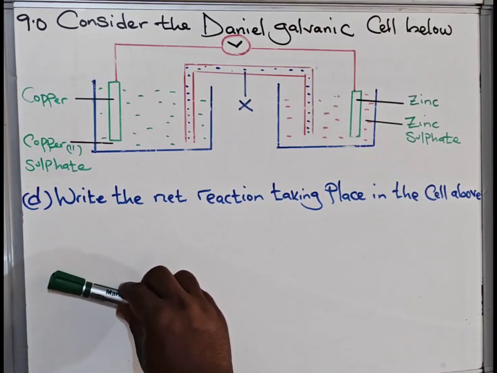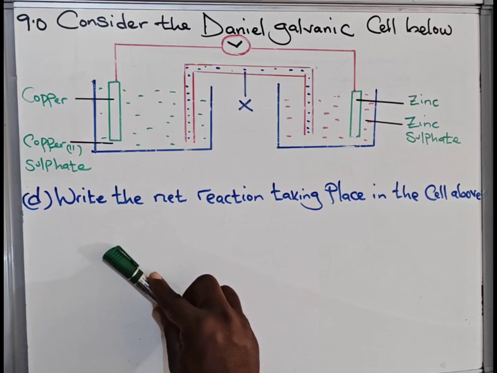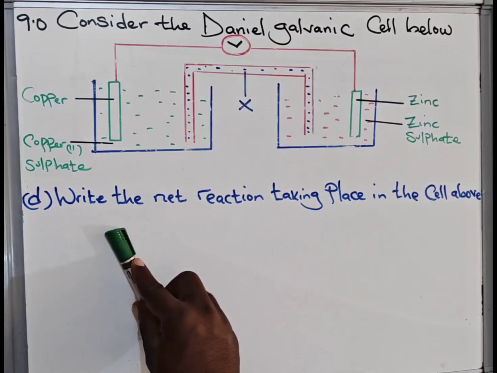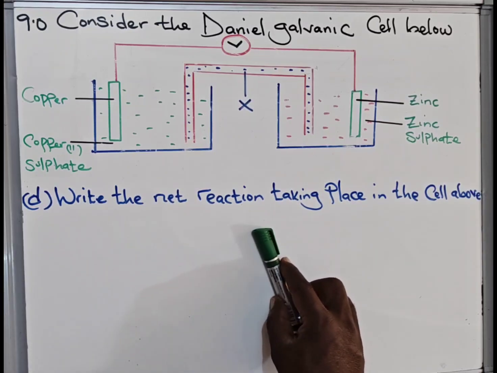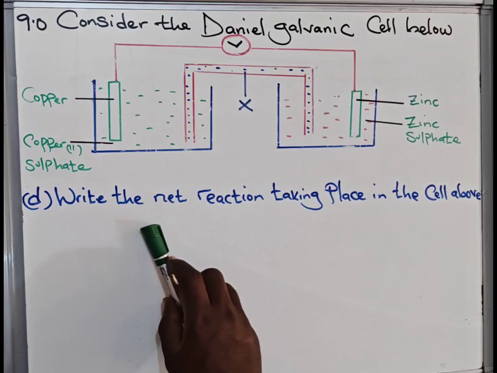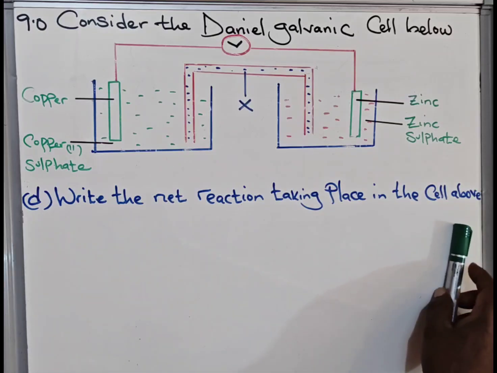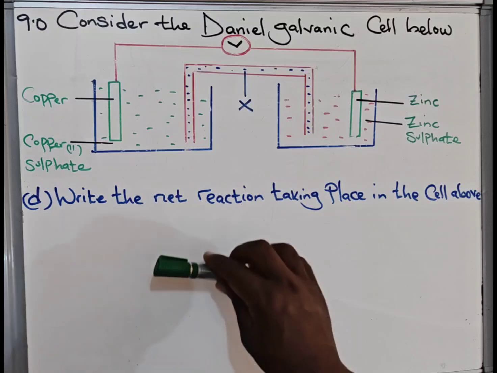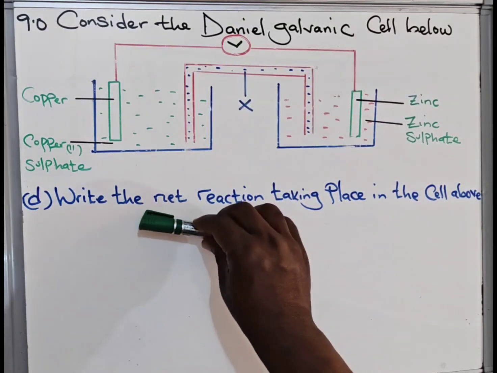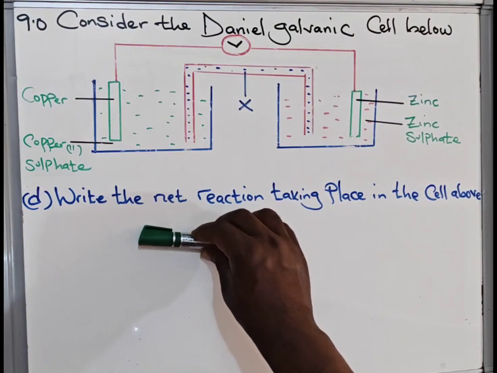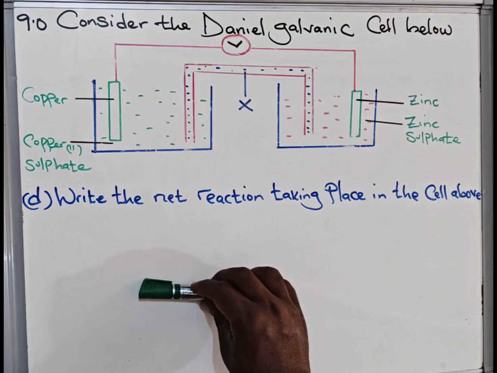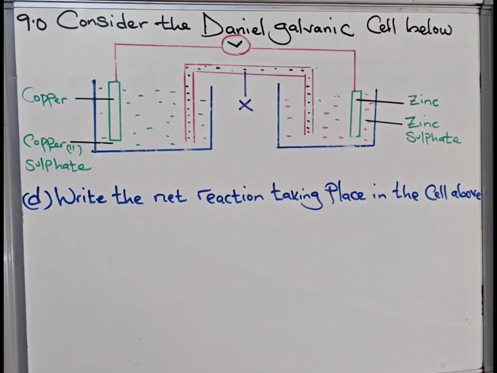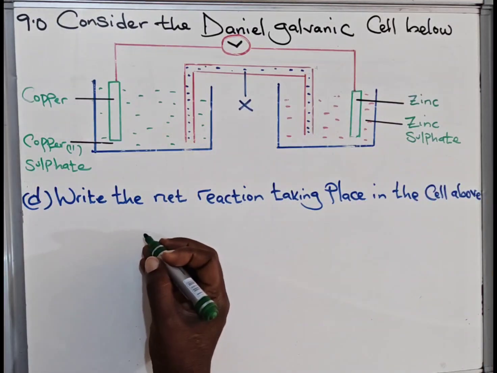Then we come to this question. It says, write the net reaction or resultant reaction taking place in the cell above. So what's the net reaction in this case? Net reaction is the summation of the reaction at the anode and the reaction at the cathode. What reaction took place at the anode?